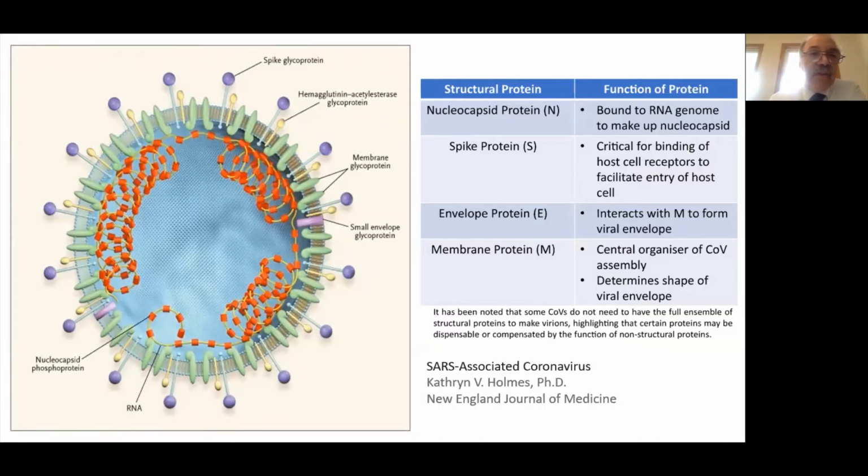The most classic one, which gives the virus its name, is called the spike glycoprotein, or S gene, S for spike. It's a large projection out of the membrane of about 15 nanometers in size. Remember, a nanometer is a billionth of a meter, so we're talking about very small, but in the viral world, a fairly large projection.